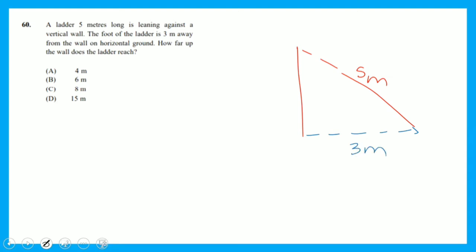Now, some of you, after being so used to questions where you use the Pythagoras theorem, because Pythagoras theorem deals with when you have two sides of a right angle triangle and you want to find the length of the other side. If you are used to this, you already know that the answer is 4, because the numbers 3, 4, 5 are what we call a Pythagorean triplet.